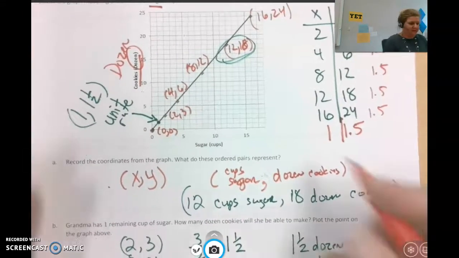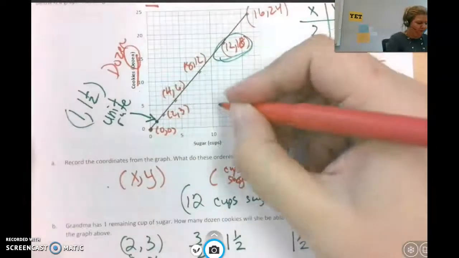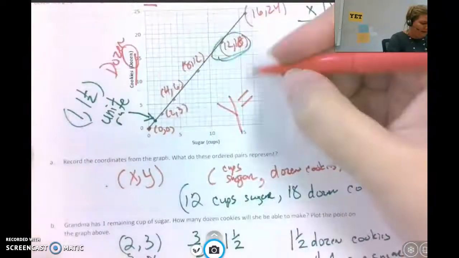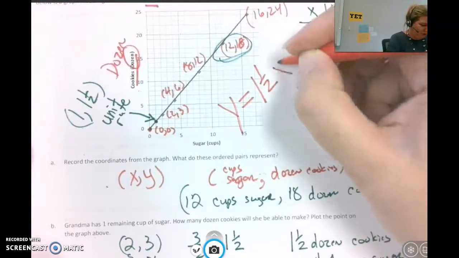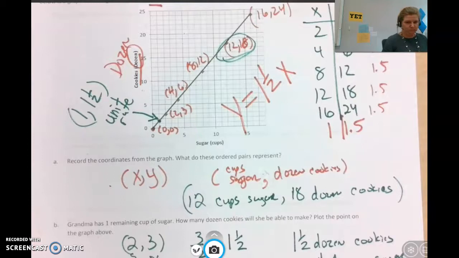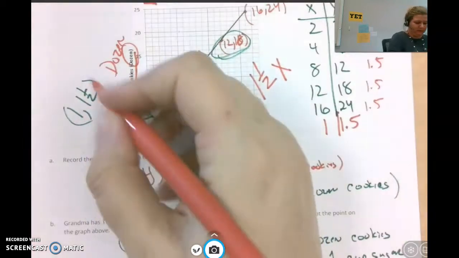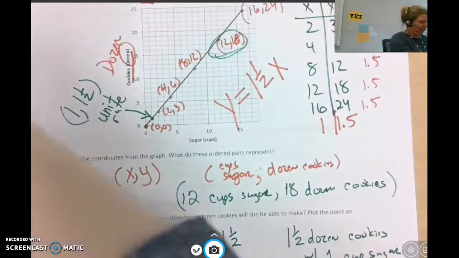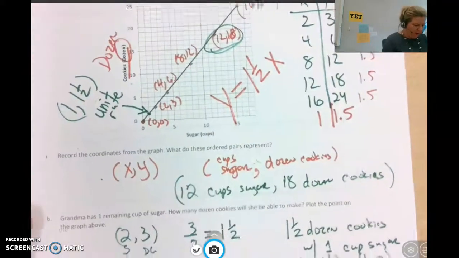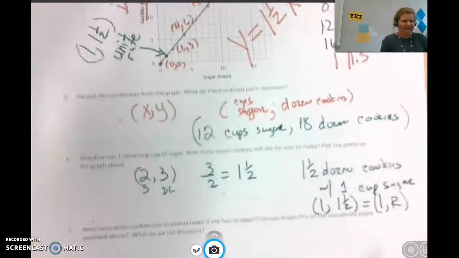I just feel like that's going to be helpful. Y, the dozen cookies, equals 1.5 times the cups of sugar. See, unit rate, all this works together.